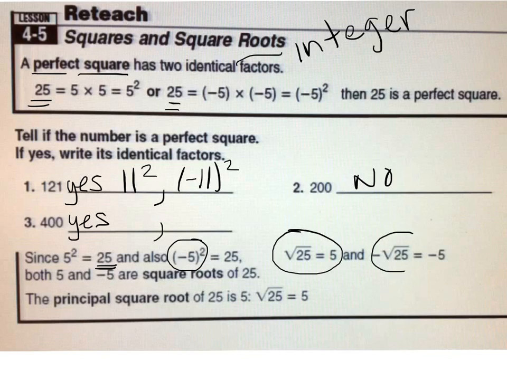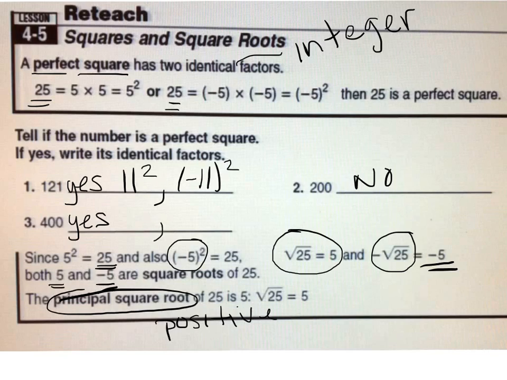The negative square root of 25 is negative 5. So notice square roots actually have two roots. They're going to have a positive root and a negative root. So the square roots of 25 are 5 and negative 5. The positive square root is called the principal square root. That's the positive square root.